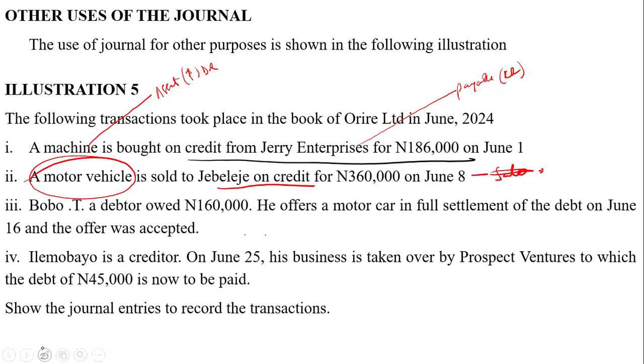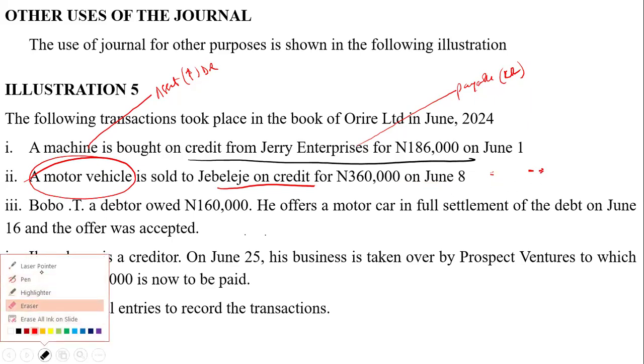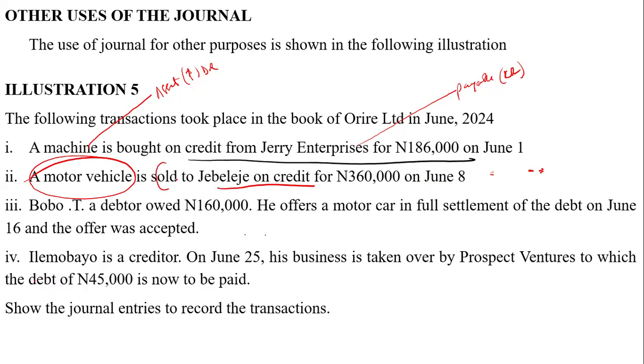We are having sales, and he's selling to this person on credit, which is receivables. So sales increases by crediting, receivable increases by debiting.